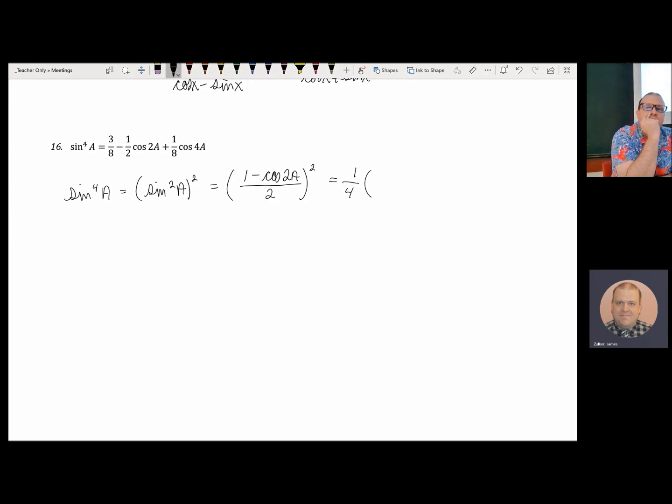Now square the numerator. 1 minus 2 cosine of 2A plus cosine squared of 2A, right?